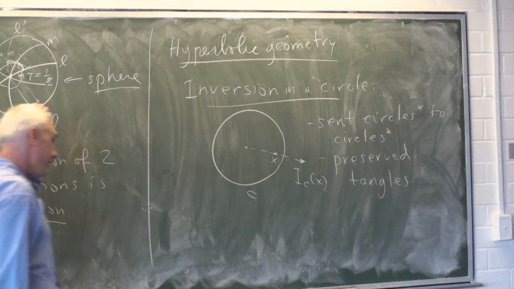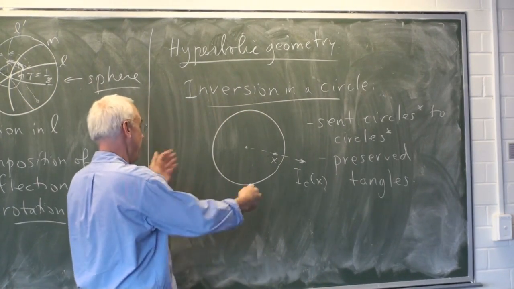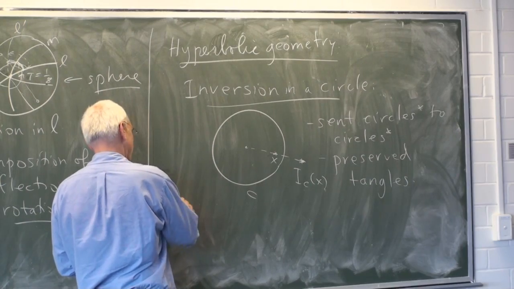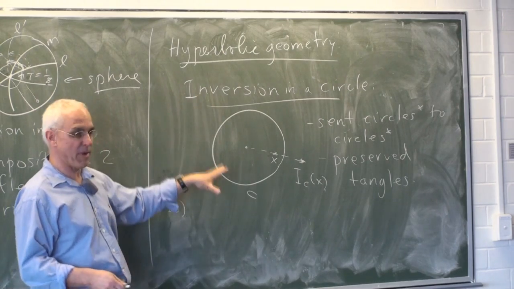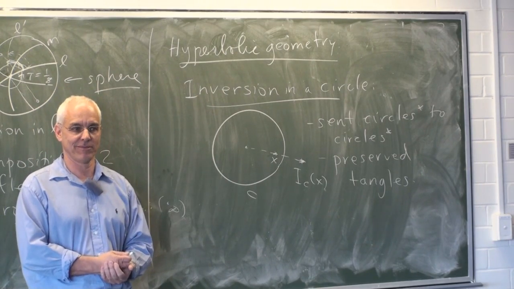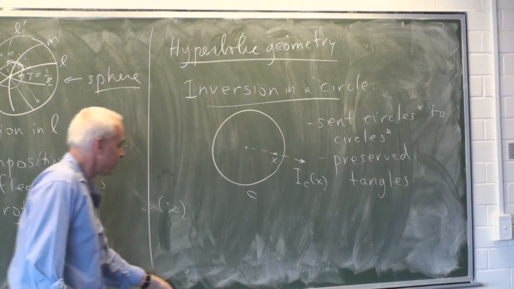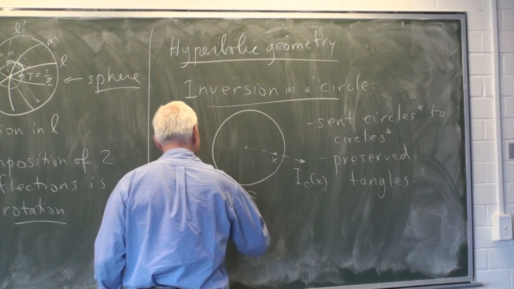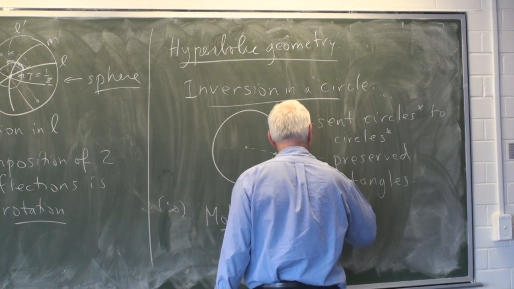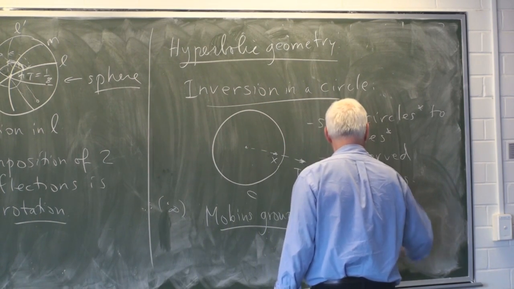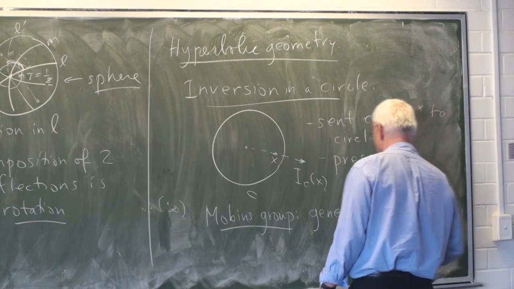So there's a group associated to this. One can think about the plane together with a point at infinity. We need one extra point at infinity. And you can think about the group generated by all inversions in all circles. That's a big, very nice group called the Mobius group. So the Mobius group is generated by all inversions in all circles.